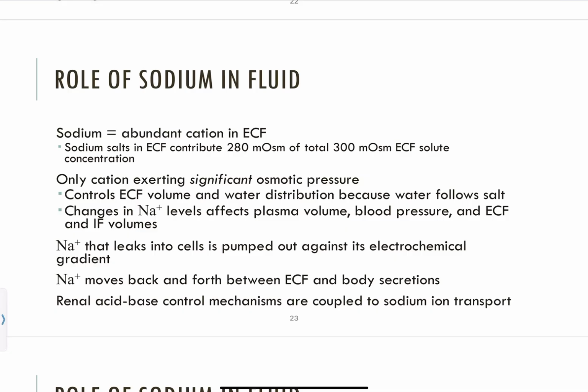It's really the only cation that's exerting significant osmotic pressure. So if we have fluctuations in sodium, it's going to cause huge movements of water. Our other ions in the extracellular fluid contribute very little to the total osmolality, so if we change their concentrations, they're really not going to move too much water.